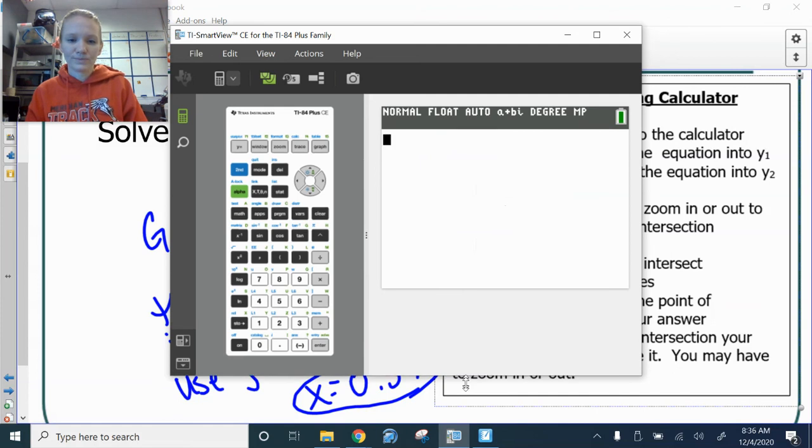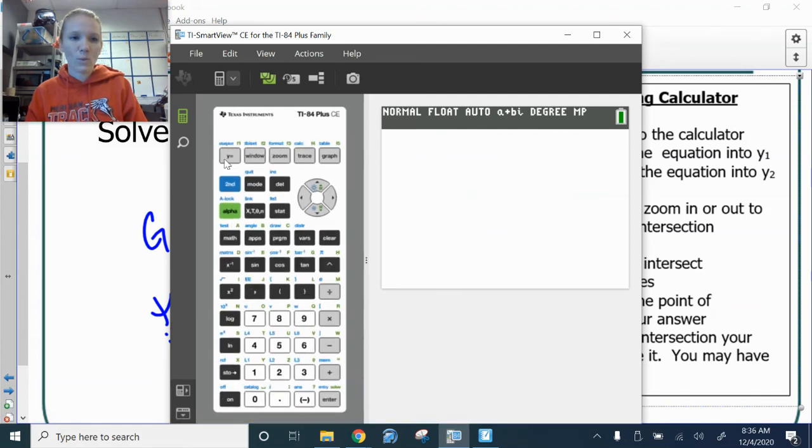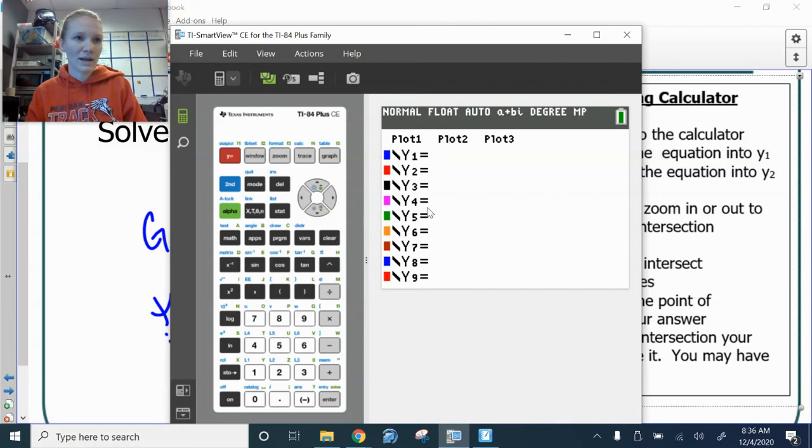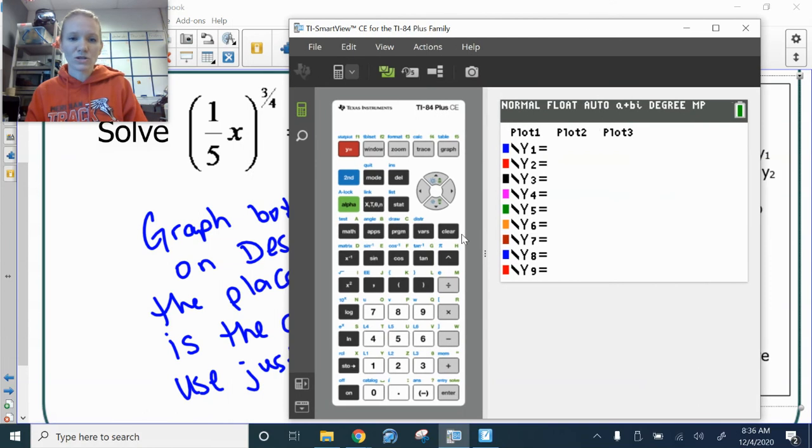So what we would do in the graphing calculator is hit the y equals button. You might have stuff in here, you might not. I'm going to type my two equations in. So I'm going to use my parentheses. I'm going to do my 1/5, just like I did before. My x button is up here next to the green alpha, or you could do alpha and then find the letter x down here. Either way.